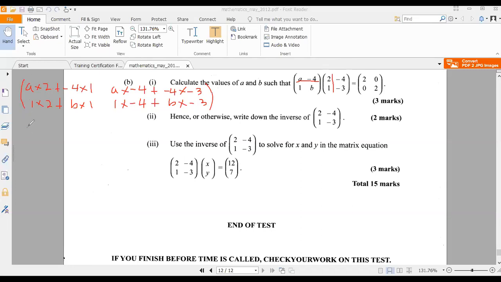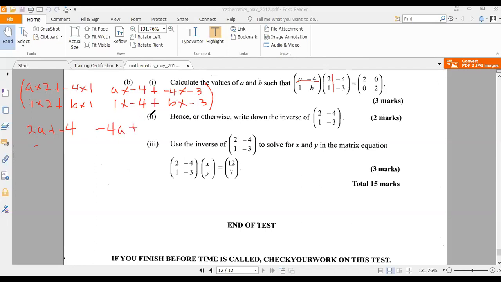2A plus -4. Then -4A plus 12, positive 12.